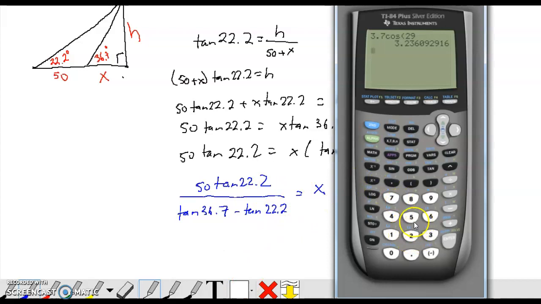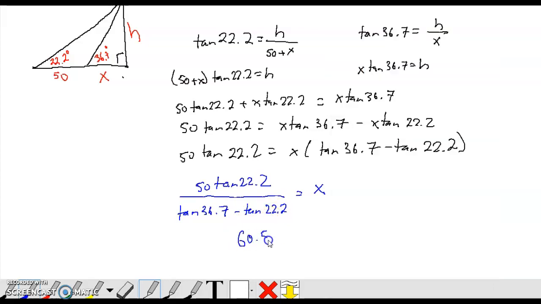Let's go ahead and do this. So 50 tan 22.2, close parentheses, divide, open parentheses, tangent 36.7, close, minus tan 22.2, close, close, press enter. 60.496. So let's just round it to 60.5 approximately.